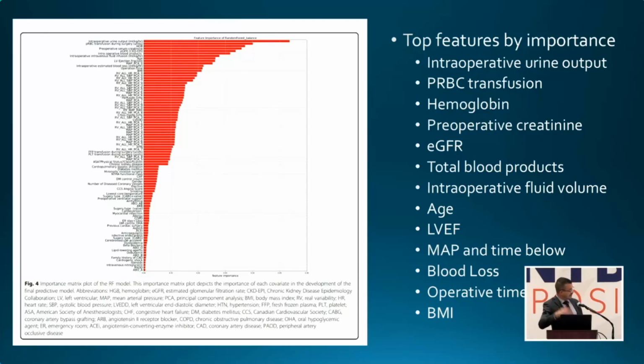I know it's nearly impossible to see that graph, but in this study in cardiac surgery-associated AKI, here were their top 15 things from their machine learning exercise that predicted acute kidney injury. Intraoperative urine output was number one. Interestingly, packed red blood cell transfusion, hemoglobin 2 and 3.